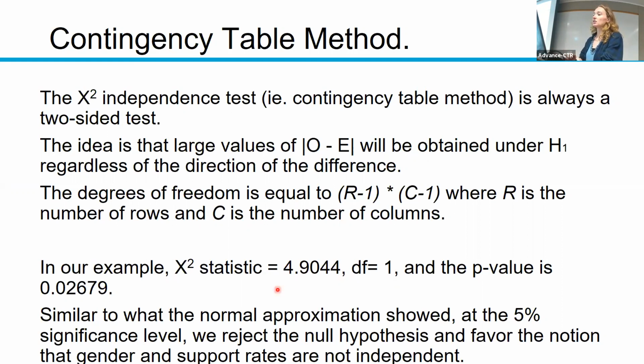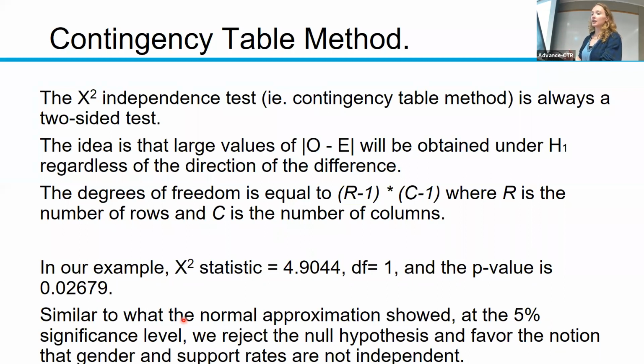So if you compared all those observed and expected and plugged it into that chi-squared formula, you would get this test statistic, and you have this degrees of freedom. And then you get this p-value, again, from R or from some computing language, but what it's doing is comparing this test statistic to a chi-squared distribution with 1 degree of freedom, and then seeing where it falls to get this probability.